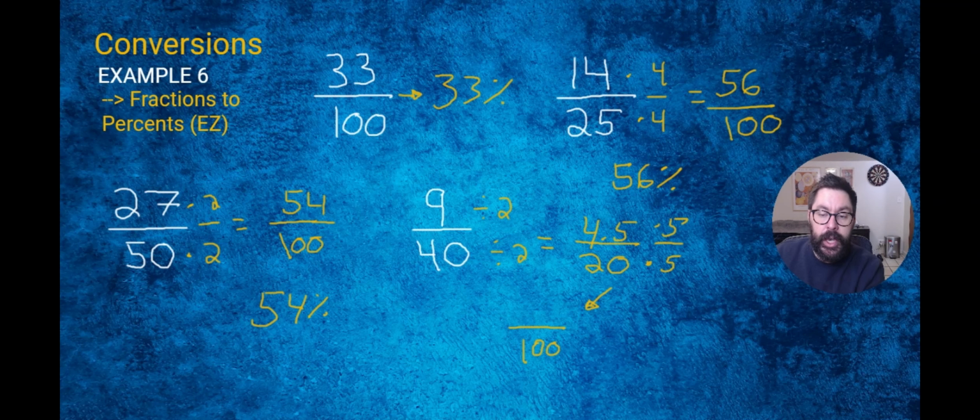Put that off to the side. 0.5 times 5 is 2.5. Now let's remember that 20 plus 2.5 gives us 22.5. Of course, if you're not super comfortable with that, you can write it off to the side, 4.5 times 5, and calculate it out. You would also get 22.5. And now since it's over 100, that just translates into our percent, 22.5%.